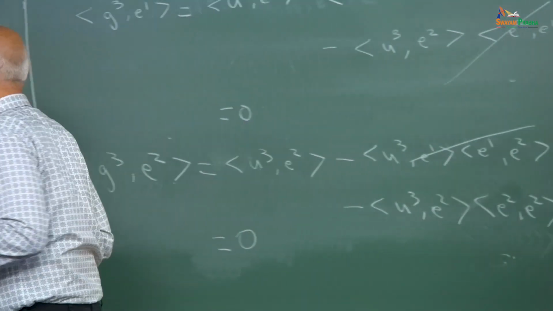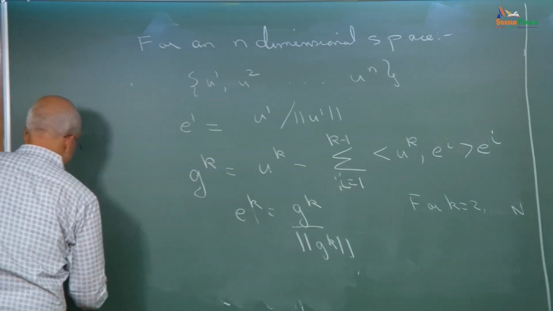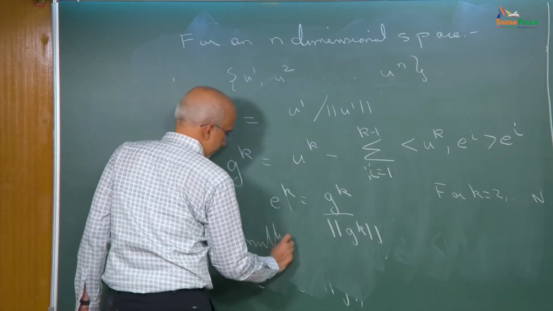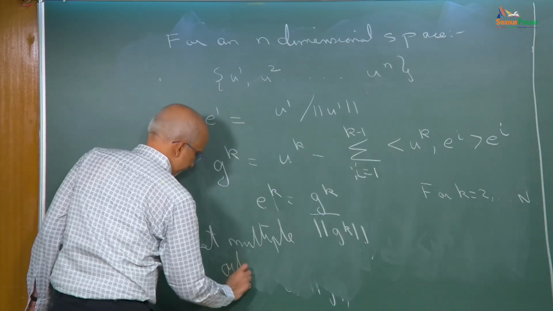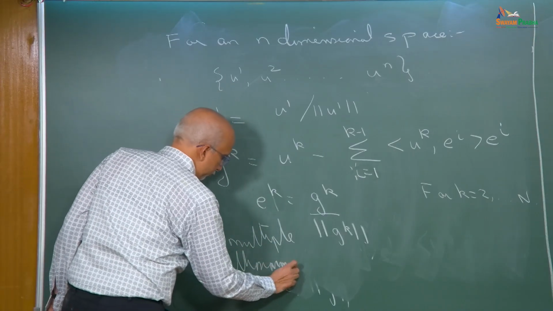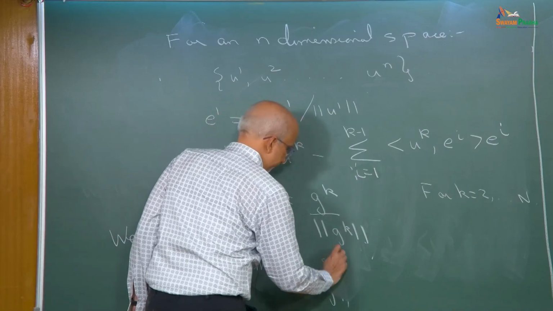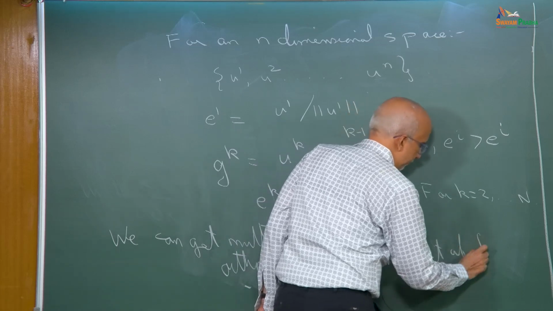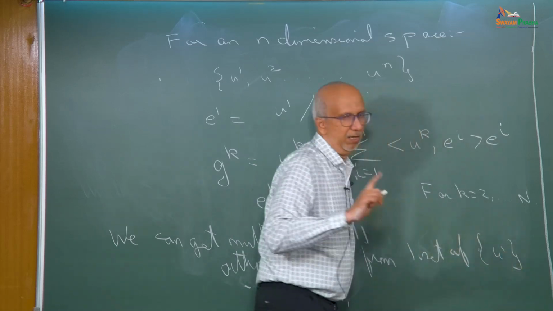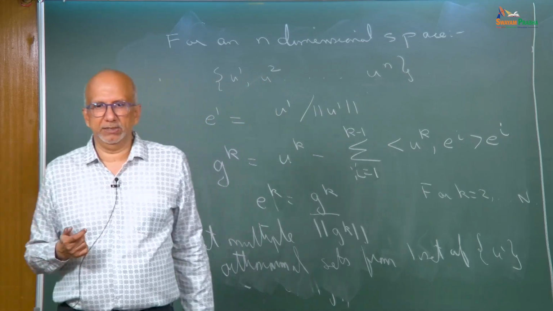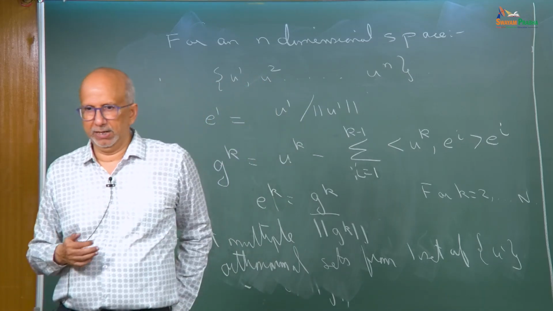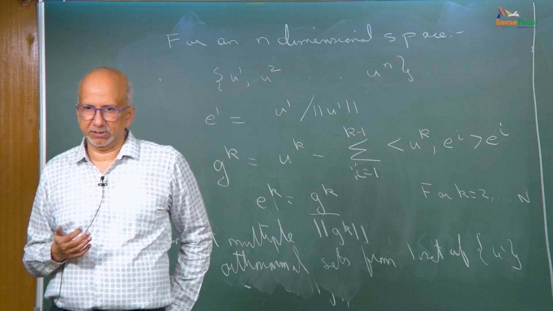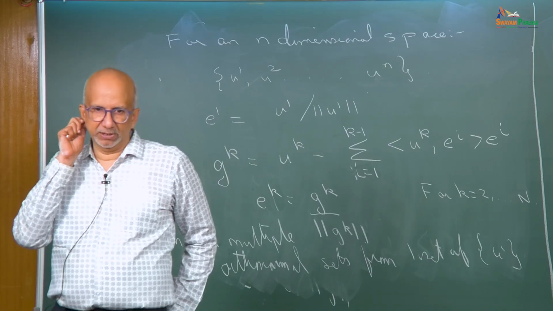So we can get multiple orthonormal sets from one set of Ui, because you can decide anything you want as the first vector, second vector, third vector. If I give you 10 vectors, you can choose the last one as the first and then start doing the process. Okay, so there is no uniqueness.